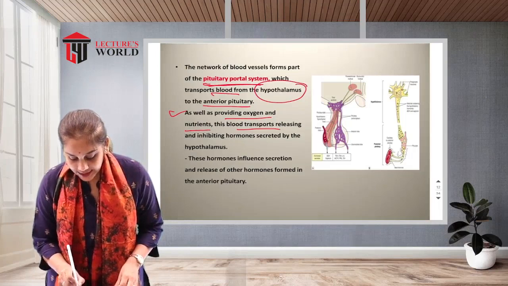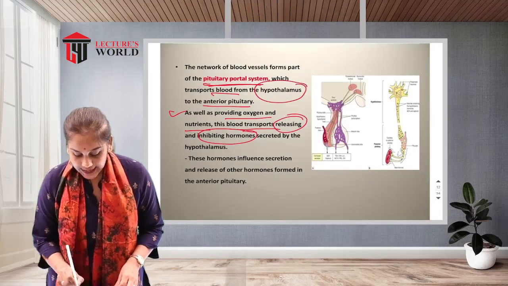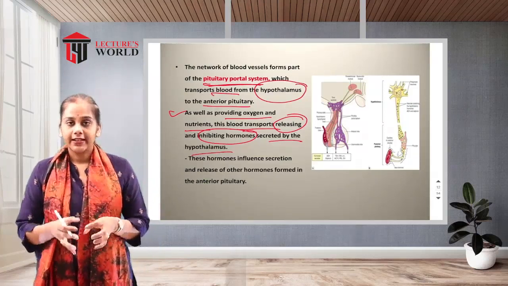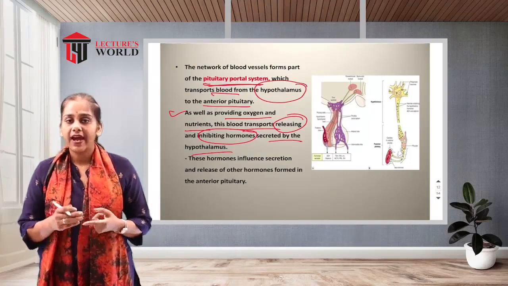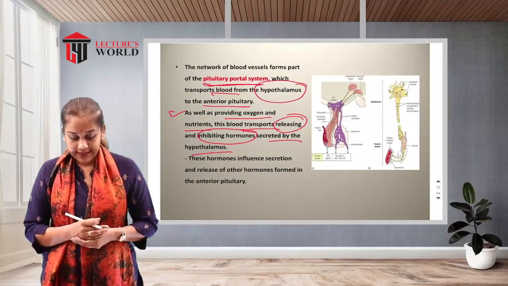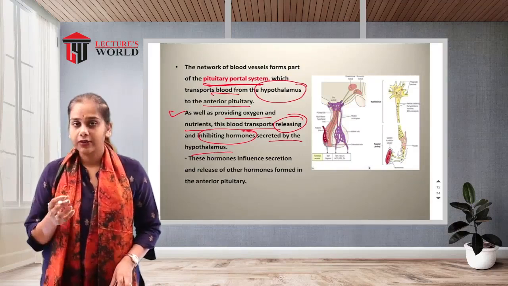These blood vessels transport releasing as well as inhibiting hormones that are secreted by the hypothalamus. The anterior pituitary gland is also helpful for the releasing hormones as well as the inhibiting hormones. What are inhibiting hormones?